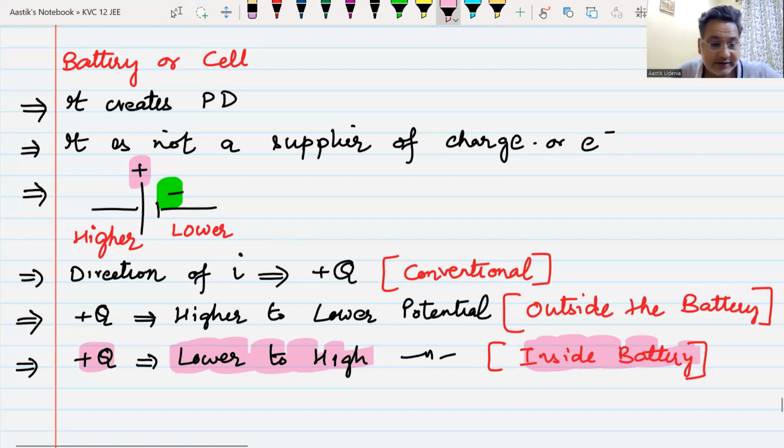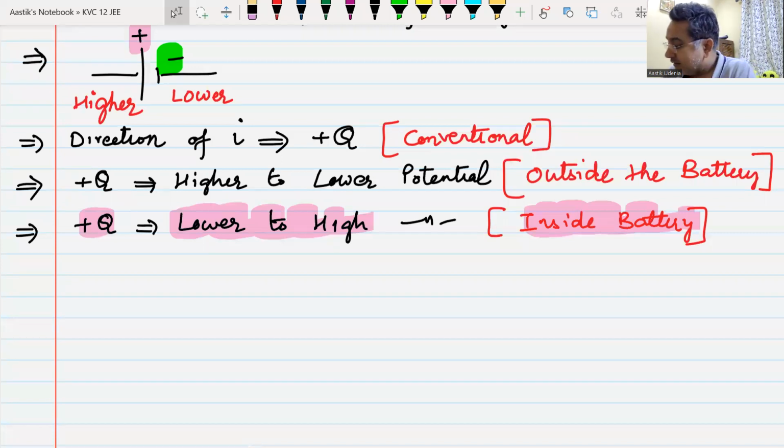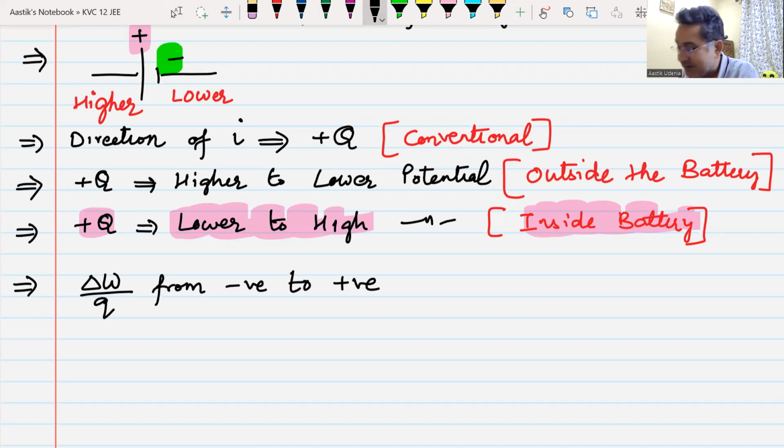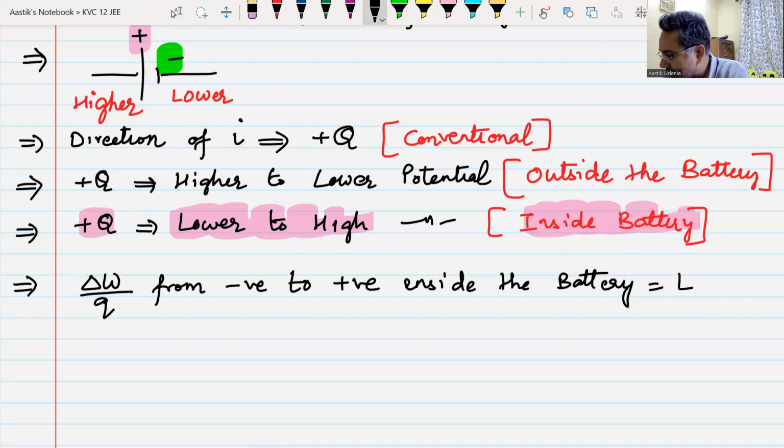So this work done per unit charge in moving a charge from where to where? From the negative terminal to the positive terminal inside the battery. Inside the battery, this work done per unit charge is known as the EMF of the battery.